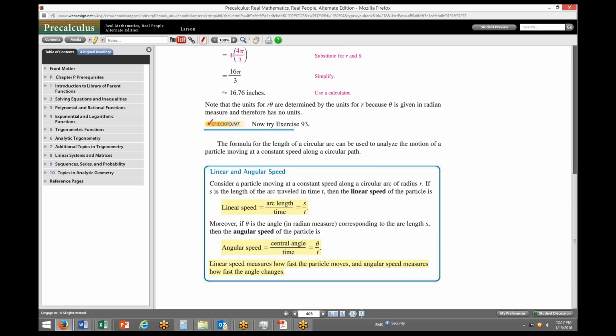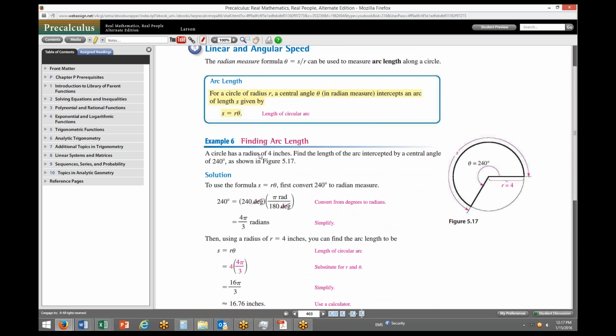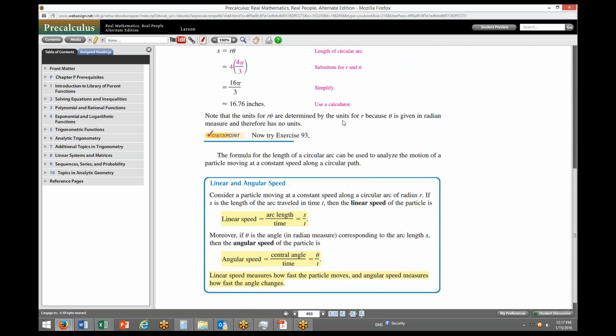And let me point out something that may not be clear from the text here: a nice relationship between these two formulas. If you tie these two formulas together using the arc length definition up here of s equals r theta, you can substitute r theta for s into the linear speed formula. Since s and r theta are the same, we can take out the s of this formula and put in r theta, and then you notice that the linear speed is just r times theta divided by t.